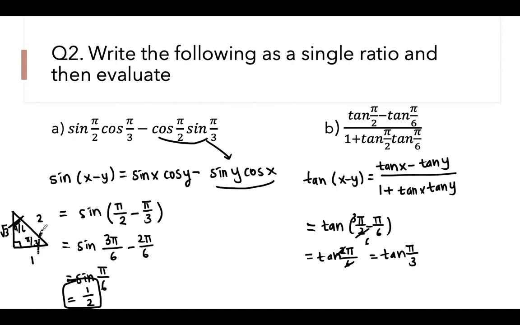This is my starting angle. It's going to be opposite over adjacent. So therefore it's square root 3 over 1, meaning it's going to be square root 3. So this is my evaluated answer, and tangent pi over 3 is the single ratio representing the compound angle formula.